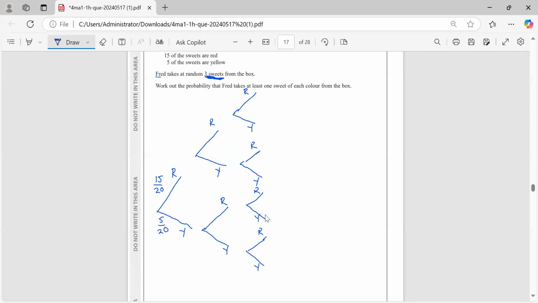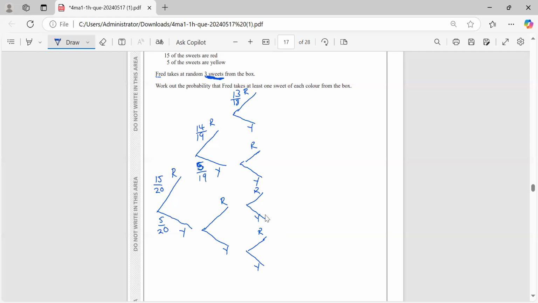So of course you can go ahead and fill up all the other probabilities like over here, because when he picked a sweet from 15 over 20, that means if he picked one red sweet, it's going to be left with 14 red sweets and a total of 19. So it lowers like that. So this one is 13 over 18, right? And of course, this one's going to be 15, not 15, but actually 5. My bad.